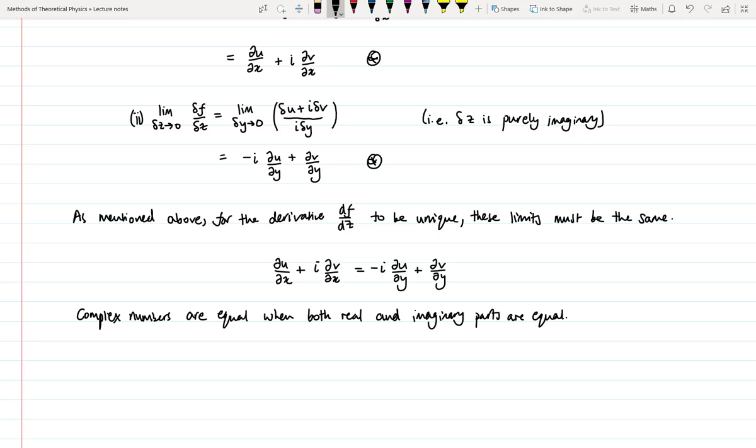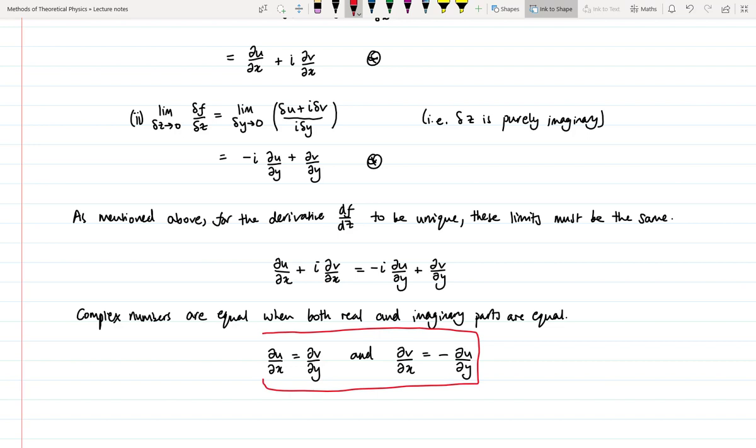So the first equation, if we match real parts, is going to be that du by dx on the left-hand side is going to have to equal dv by dy on the right-hand side. And then if we match imaginary components, on the left-hand side we have dv by dx, and on the right-hand side we have minus du by dy. These are the Cauchy-Riemann equations, and they're extremely important, so I'm going to put a red box around them. And it's worth remembering them. Cauchy-Riemann equations.